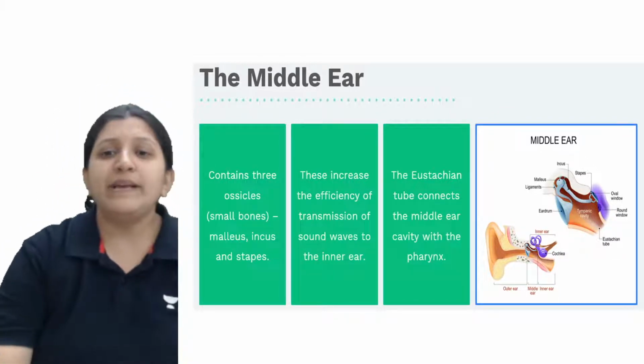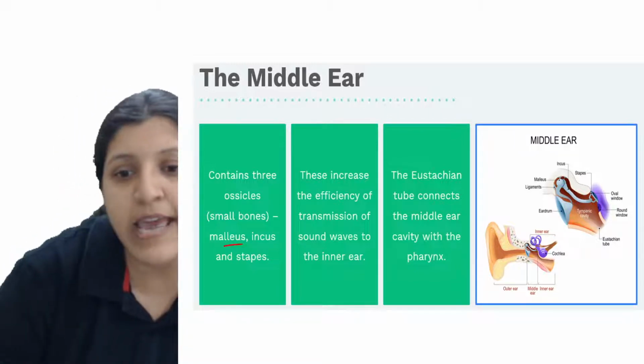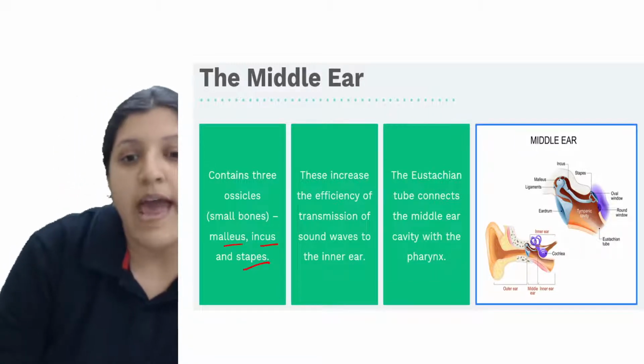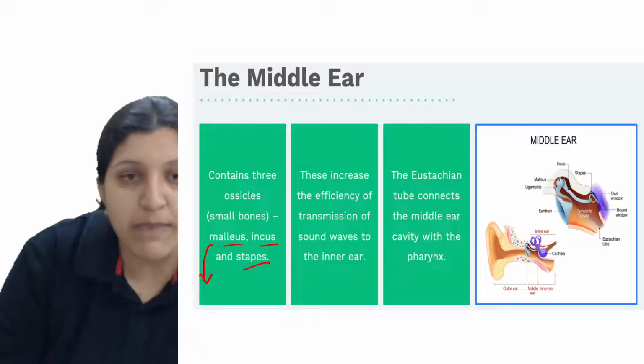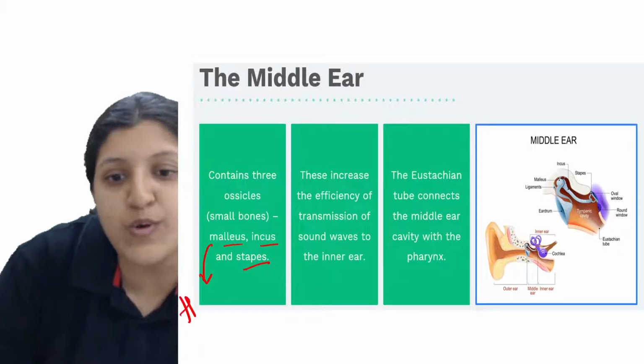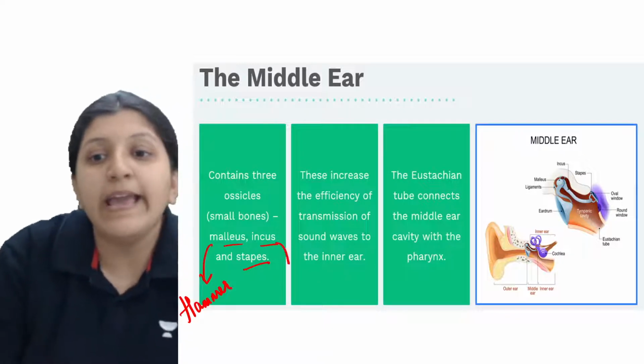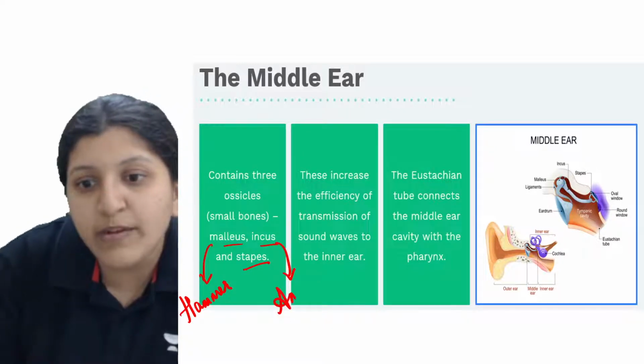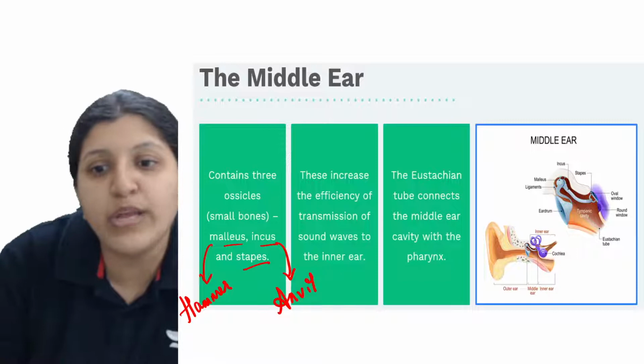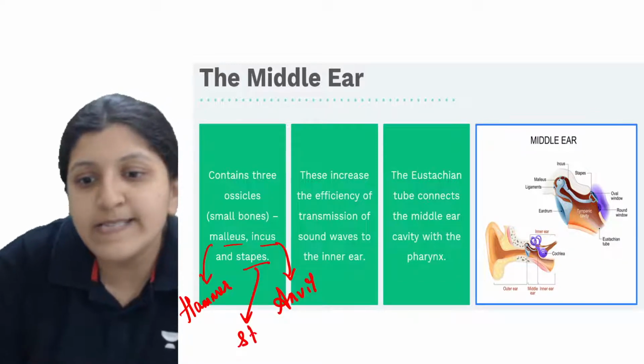Those bones are basically the malleus, incus and stapes. The malleus can also be called hammer. Incus is basically the anvil, and this one is the stirrup.